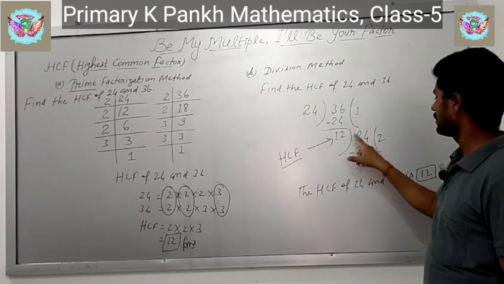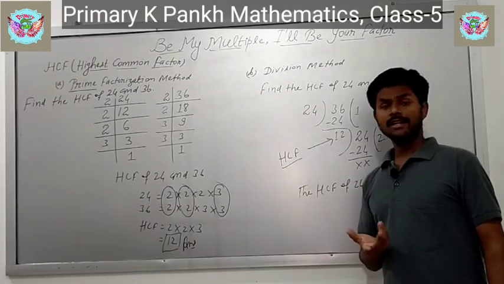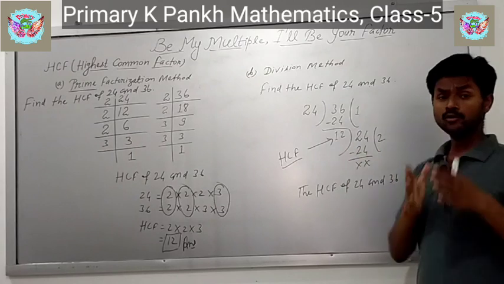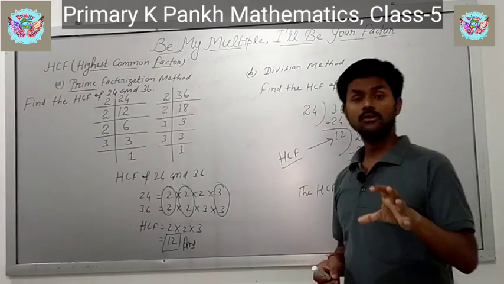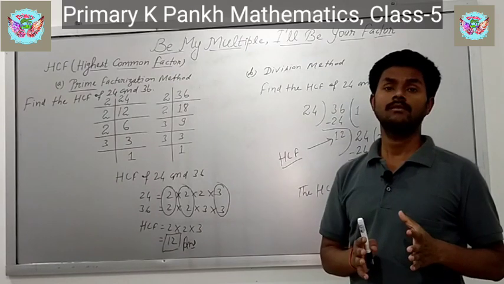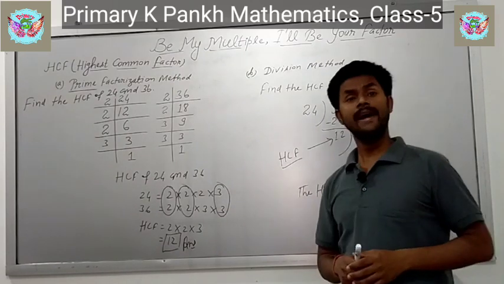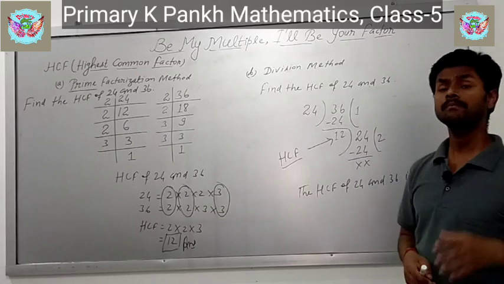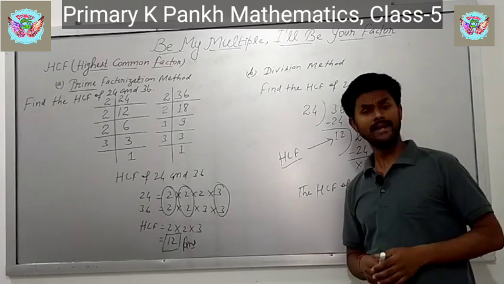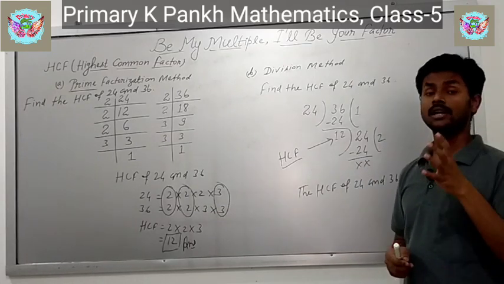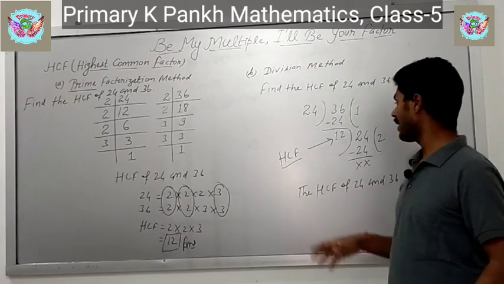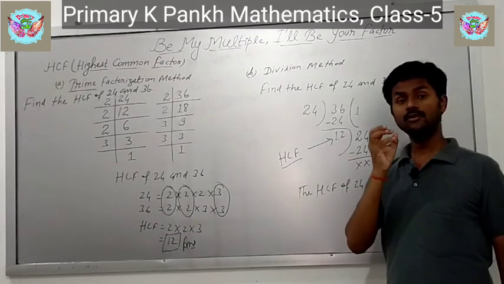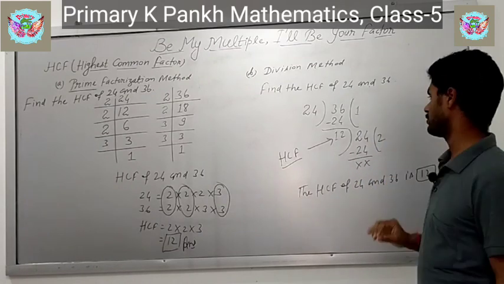After that, divide the dividend by the divisor, and you have to keep dividing up to the last time when you find 0, because when you do not find 0, your answer will not be perfect. So for finding the perfect remainder, remainder 0, you have to divide till you find remainder as 0.